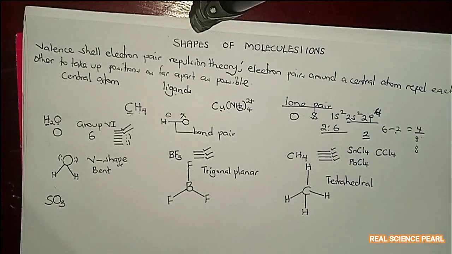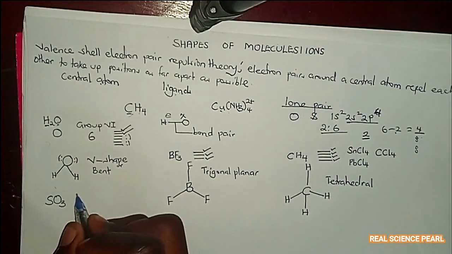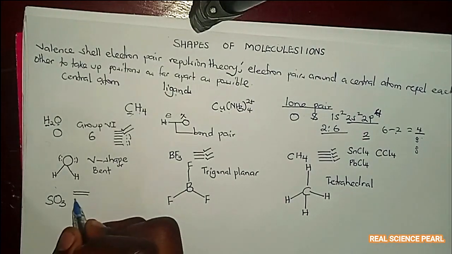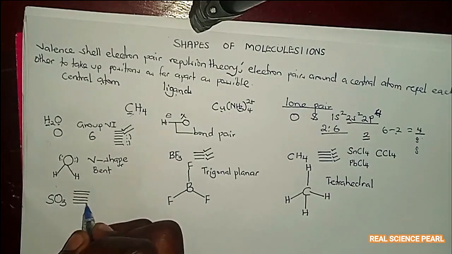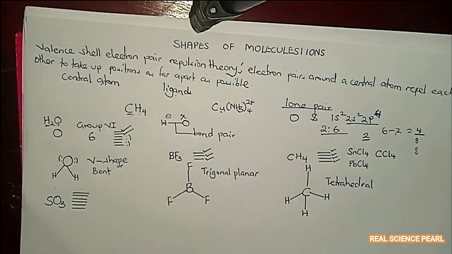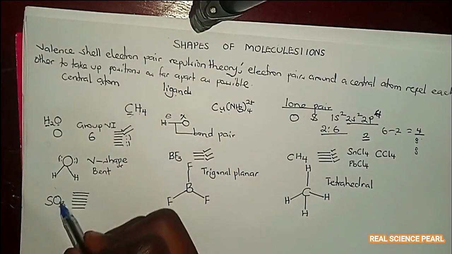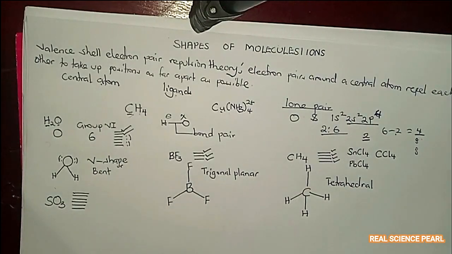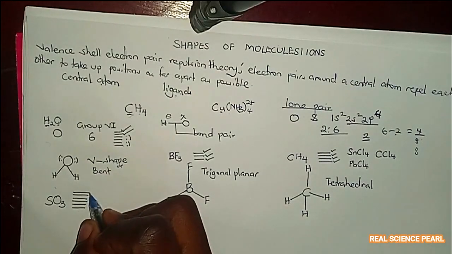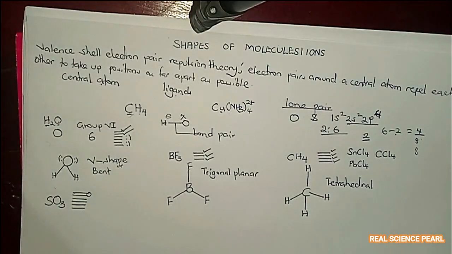Sulfur is in group 6. Being in group 6, it means it has 6 electrons outermost. Let's sketch the 6 electrons. Now the 6 electrons, remember oxygen, this oxygen, you see, is having valence. To obtain octet or to obtain noble gas configuration, it's supposed to use its valence too, meaning one oxygen will use those two.